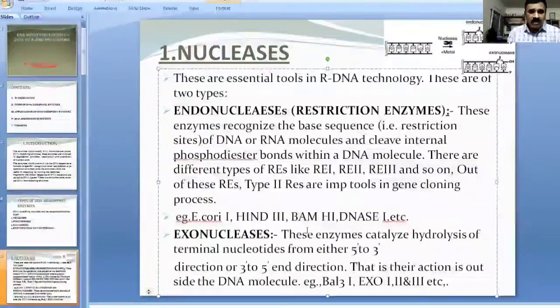The name itself indicates that these enzymes catalyze the hydrolysis of terminal nucleotides either from 5 to 3 prime direction or 3 to 5 prime direction. That is, their action is outside the DNA molecule, and exo means outside. So these enzymes act upon the DNA molecule not inside but outside.